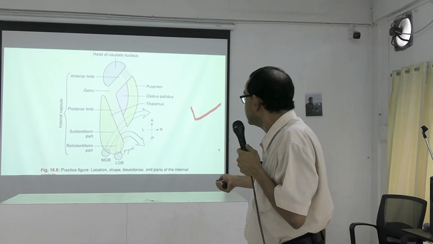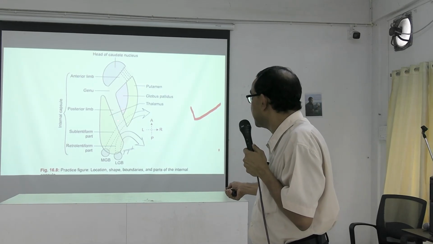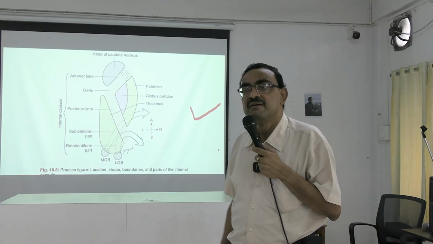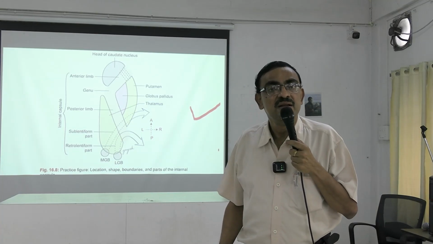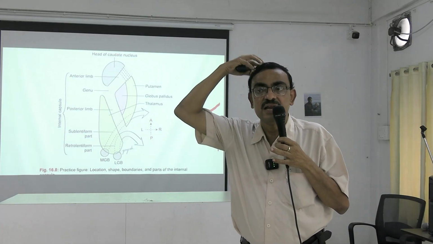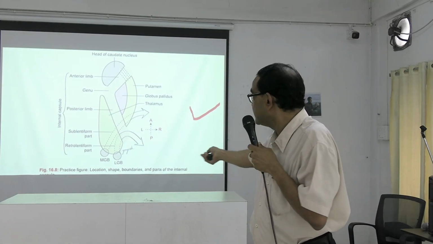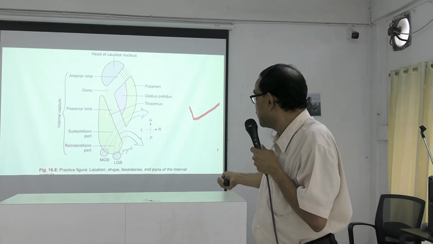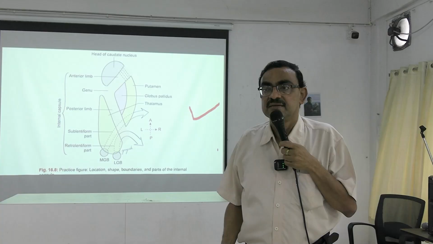So, affection of this area, if it is the right side, ultimately fibers will go to the left side. So, what area will get affected? Suppose this is the right cerebral hemisphere, and within the right cerebral hemisphere, this posterior limb is affected.